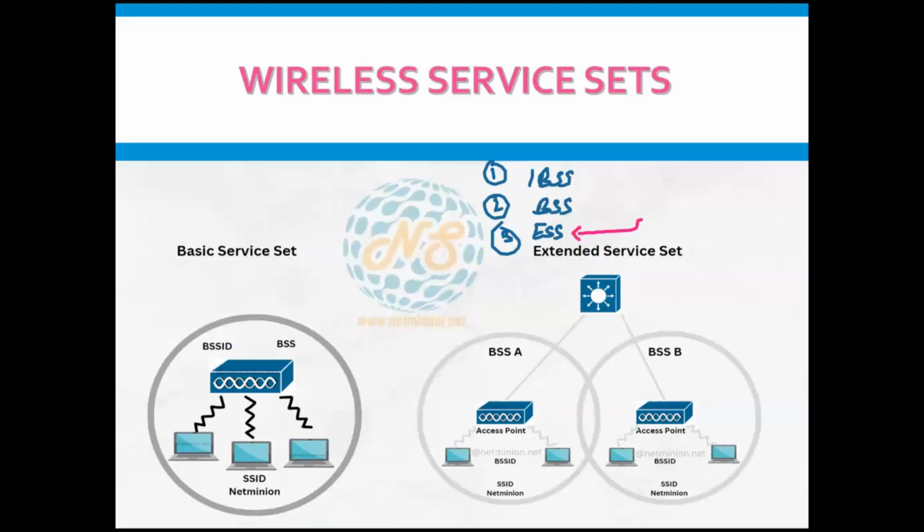And in your organization, it will be an extended service set: more than one AP, a combination of two or more APs. So IBSS is without an AP, BSS is one AP, and ESS has more than two APs. Right. I got it. Thanks.